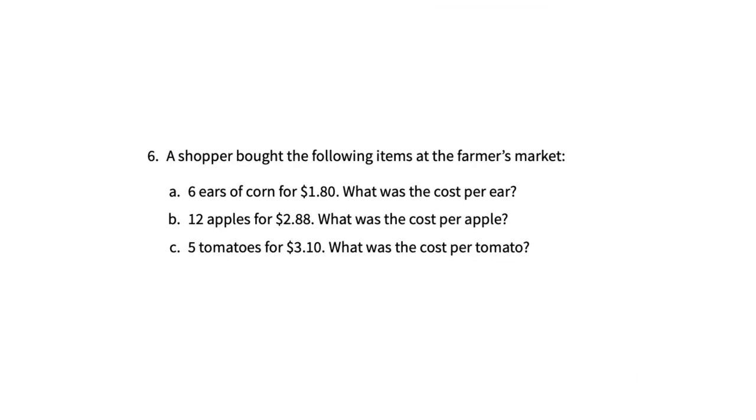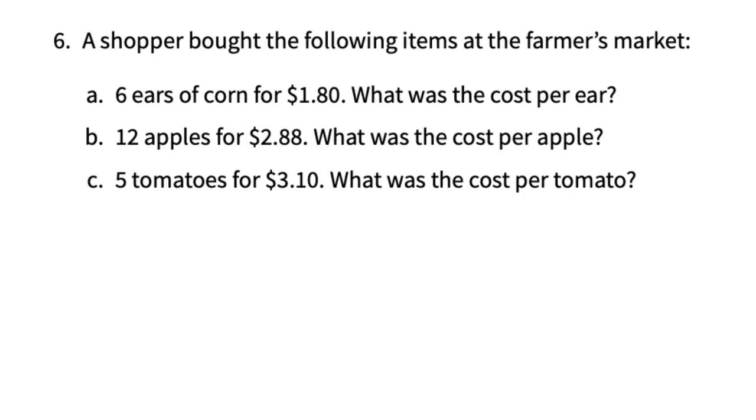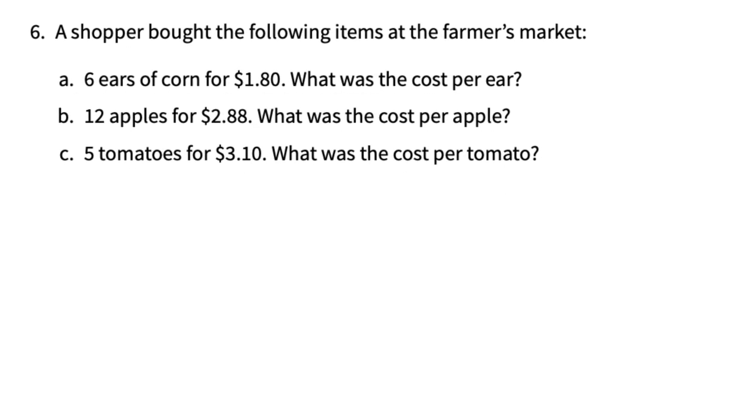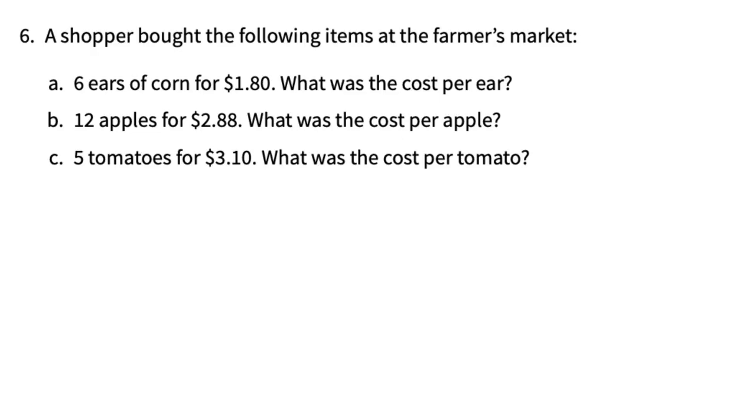Doing a little bit more review, we've got a shopper who bought the following items at the farmer's market: 6 ears of corn for $1.80. What's the cost per ear? So the idea is we need to figure out if you only bought 1 ear of corn, how much would that have cost?